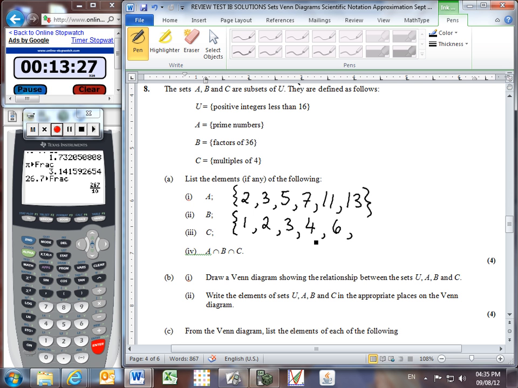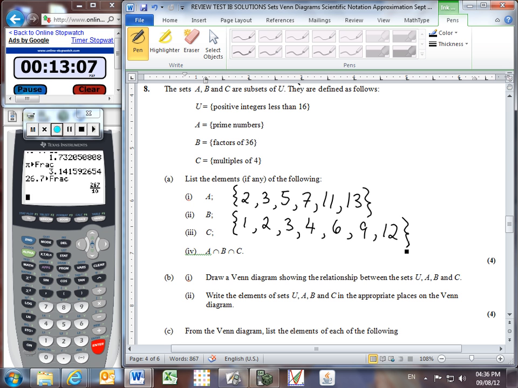And then we said that 4 times 9 was 36, and 3 times 12 was 36, and 2 times 18 is 36, and of course 18 has gotten too big now, hasn't it? Because I'm only dealing with numbers that are less than 16, and so this is where I will stop.